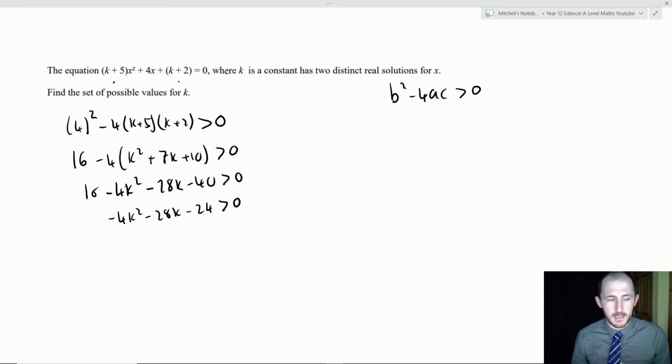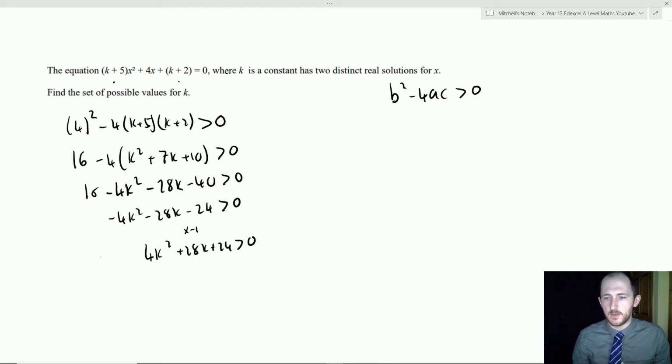So what we can do here is something quite special. All of this is negative, so I can just times by minus 1, or move everything to the other side, or divide by minus 1. But the point is I'm making all of this positive. Positive numbers are easier to work with, generally speaking.